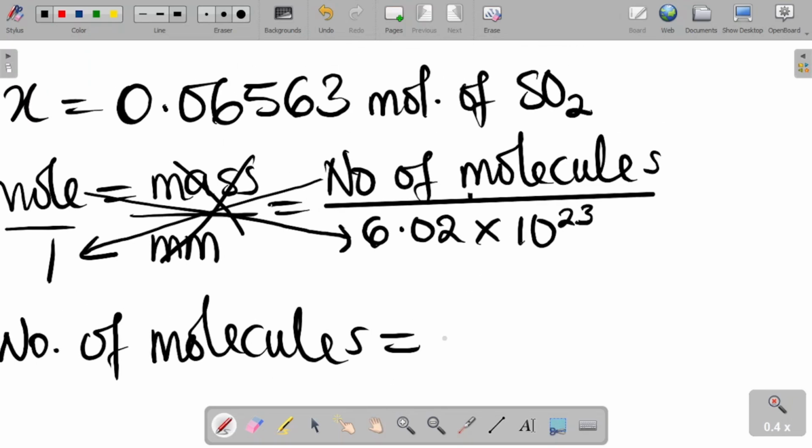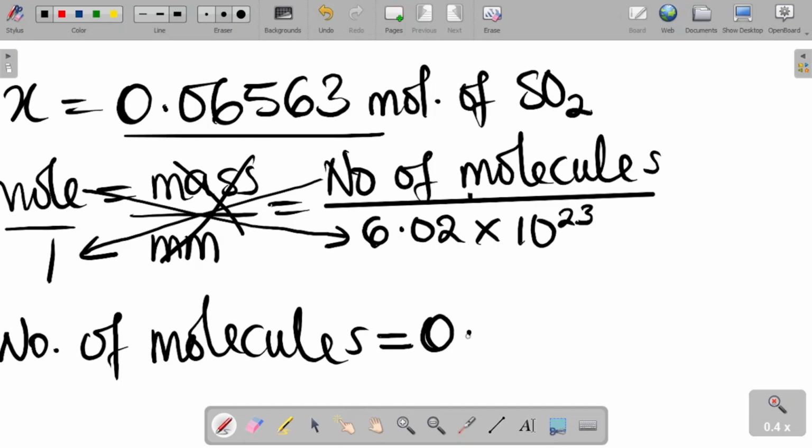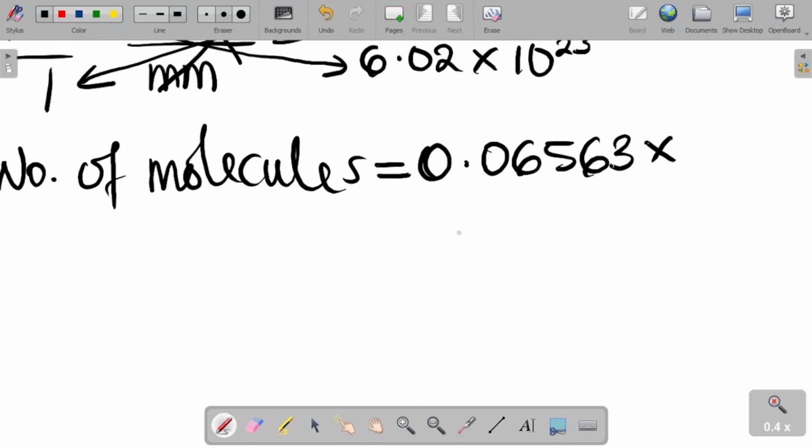The number of moles we got as 0.06563. That's the number of moles of tin(IV) oxide times Avogadro's number. Avogadro's number is 6.02 times 10 to the power 23.